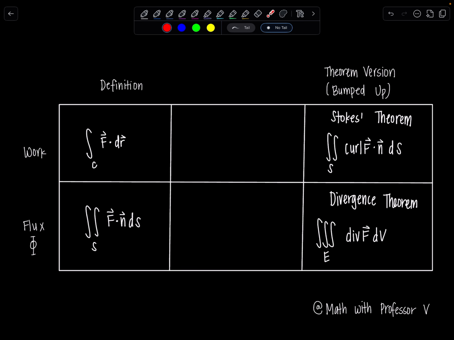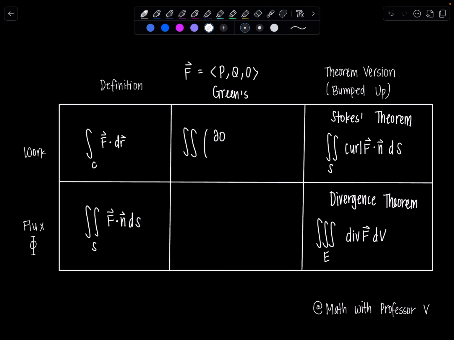And then you might be saying, wait a minute though, Professor V, what about Green's theorem? Really, Green's theorem is just a special case of Stokes' theorem when you have a vector field that's only two-dimensional, when you have P, Q, and 0. Then you have Green's. Really, that's all it is. So when you compute the curl of F and your vector field has 0 for the z component, then you obtain the following.